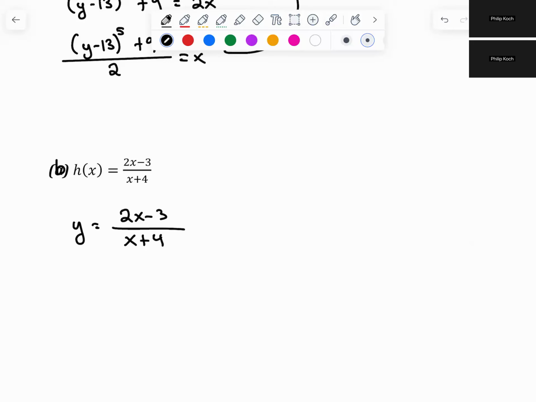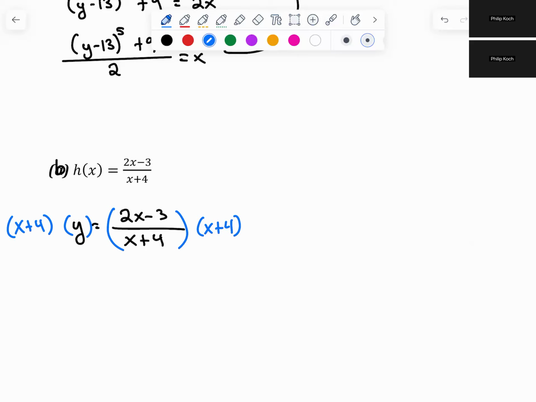So someone throw out a crazy idea. What would you do? Multiply the entire thing by x plus 4. That's a good guess. It's the right guess, and it's a good choice, right? I don't like dealing with fractions. Might as well do that. So I'll multiply both sides by x plus 4. If this doesn't work out, at the end of the day, I've only added on a few extra pen strokes.